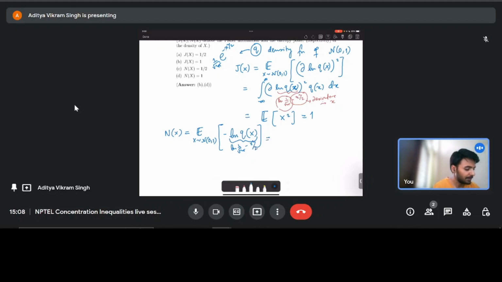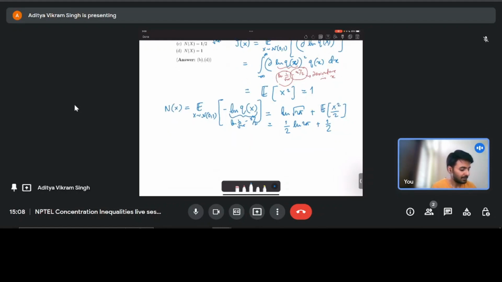So this would be just ln of root 2 pi plus the expected value of x square by 2, which would be half ln 2 pi plus 1 by 2.